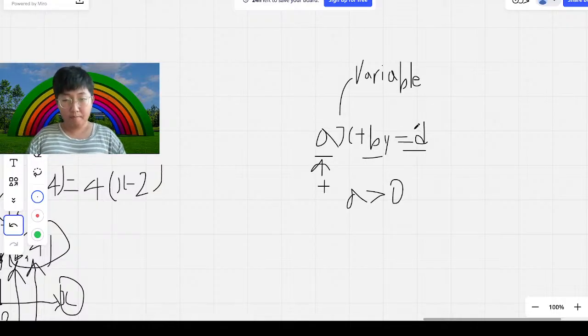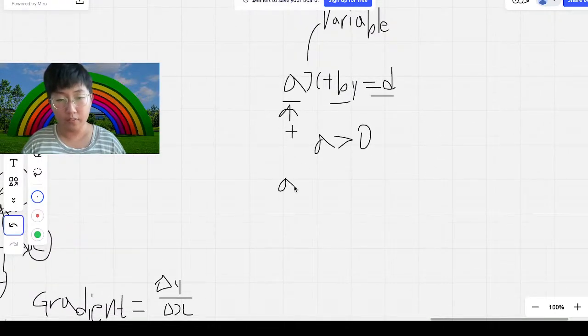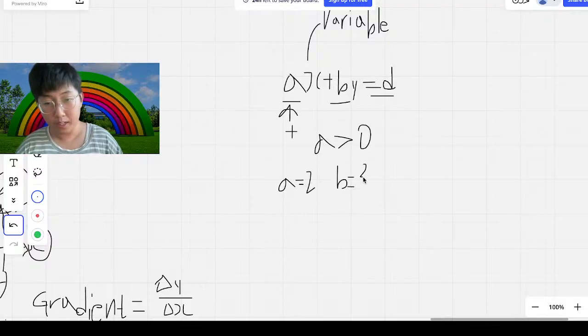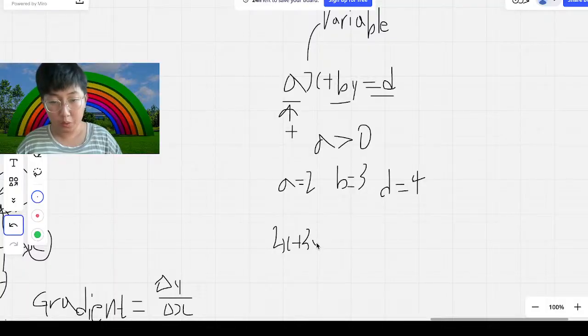A and b and d are something that does not change, which is why we call them constants, and they don't change whenever the variables change. So for example, let's say we give a the value of 2, b the value of 3, and d the value of 4. Then we plug this in: 2x plus 3y is equal to 4, right?